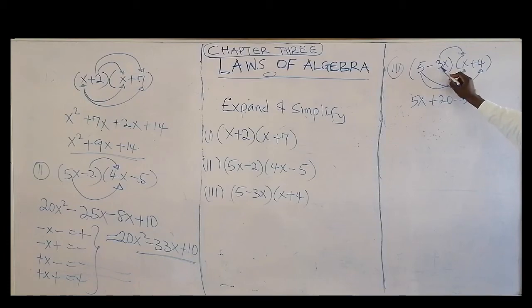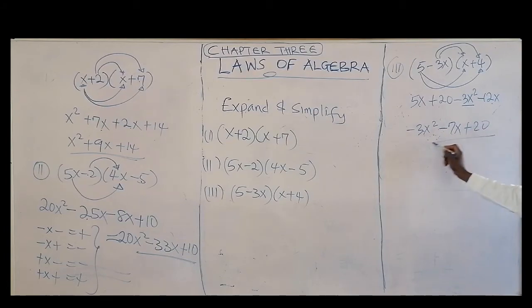And then this one times this one, that's a minus 12x. So we can now arrange. This will be minus 3x squared, 5x minus 12x, that's minus 7x. Okay, then plus 20. Okay, so that's all we have for this question.